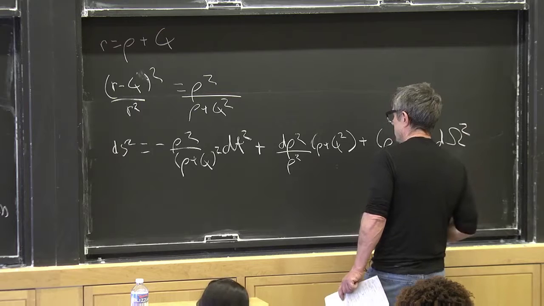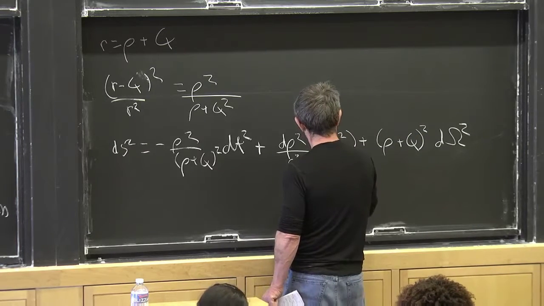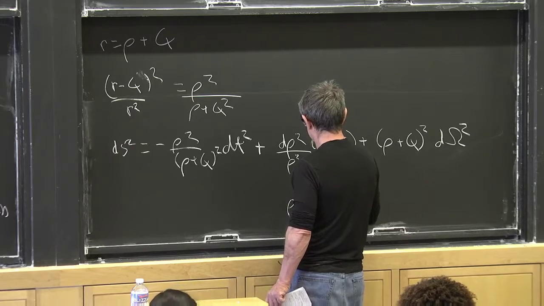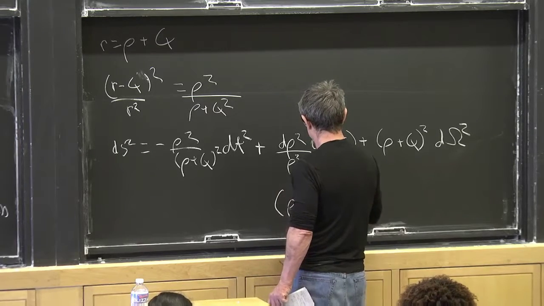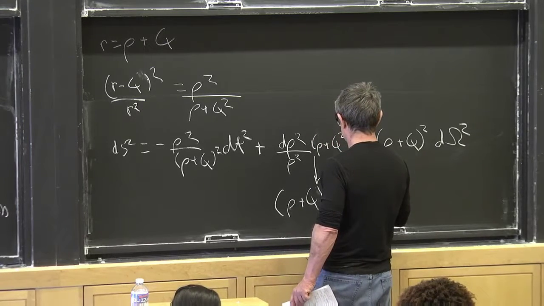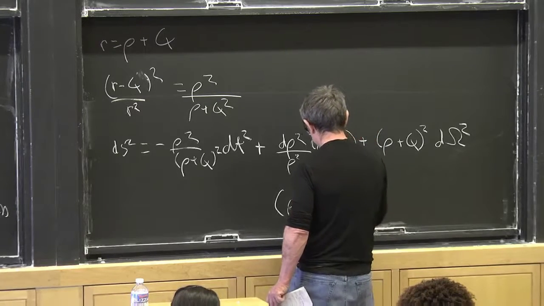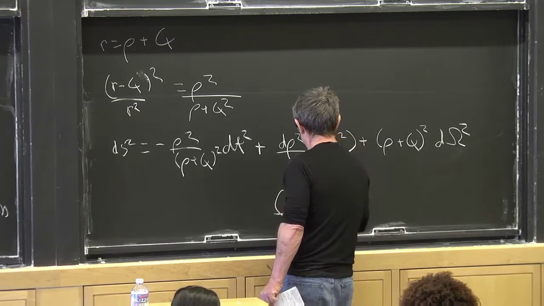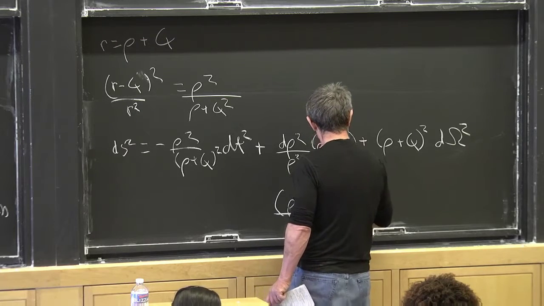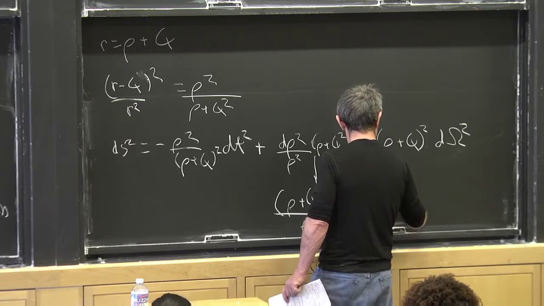But I actually want to write all of this as rho plus q squared over rho squared times d rho squared plus rho squared d omega squared.